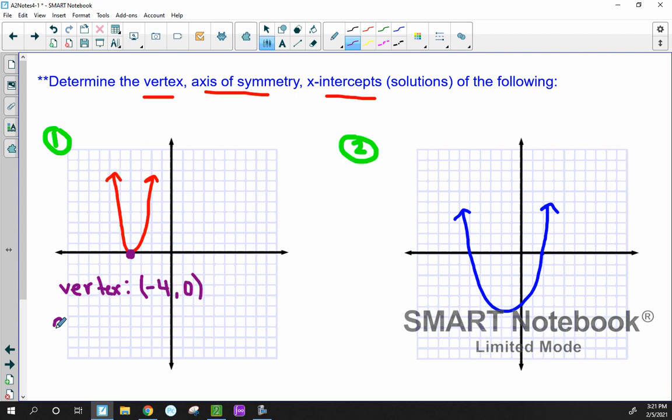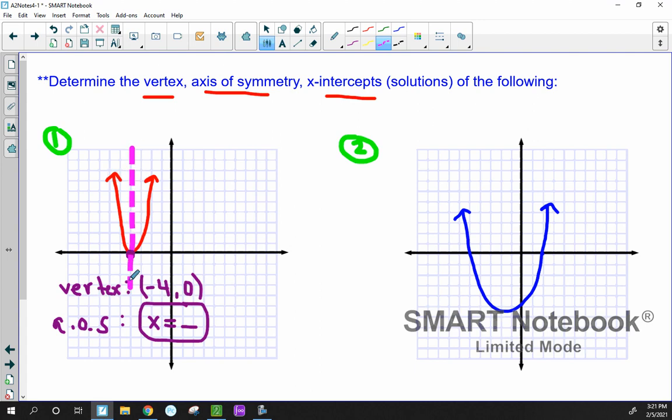Secondly, you need to give me an AOS. Axis of symmetry, remember, is the imaginary line that's going through the middle. Because it's always going to be a vertical line with the parabolas we're going to look at, your answer will always be in the form of an equation: x equals something. And that value depends on where your axis is. When I find my vertex, I know where the middle is.